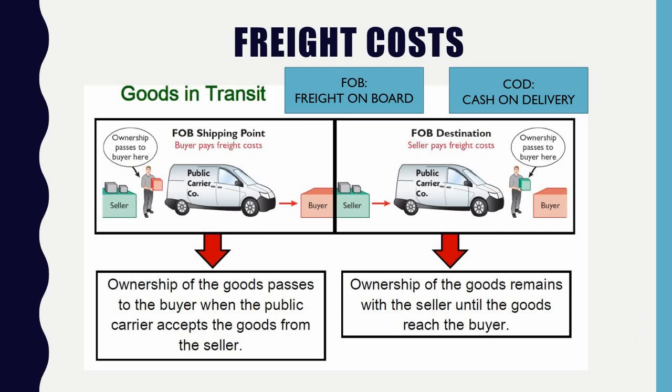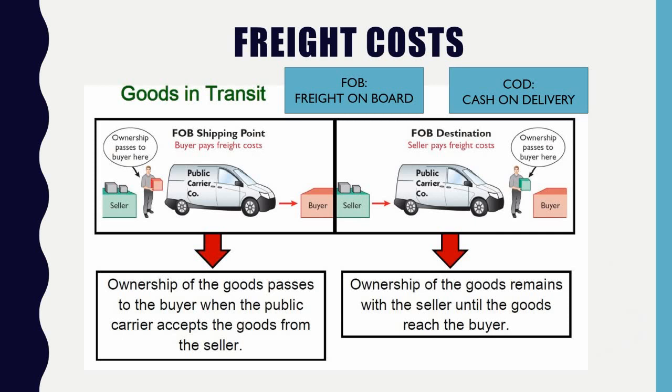Now, between the midway point to the buyer's store, right? The seller is responsible to cover the shipping cost. Okay? So, for instance, Amazon, right? When a package is being delivered to your home or your office, right?